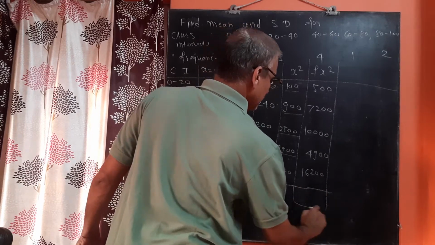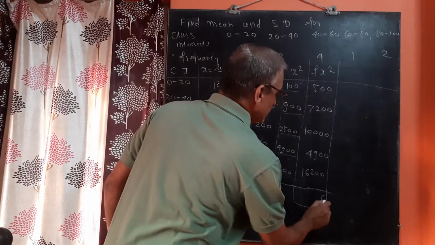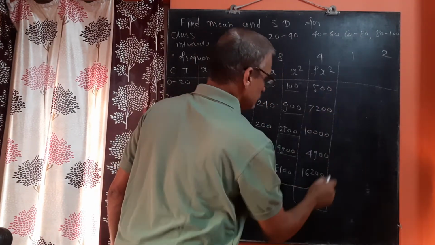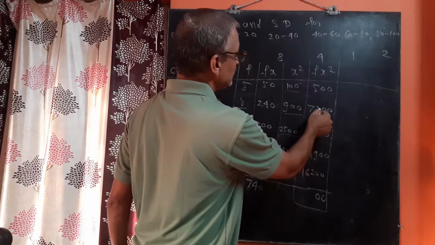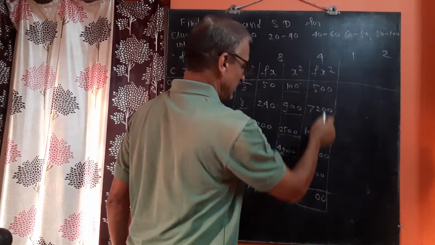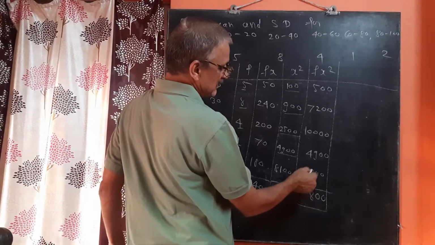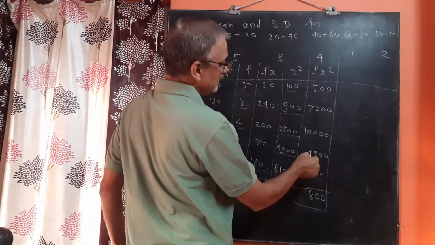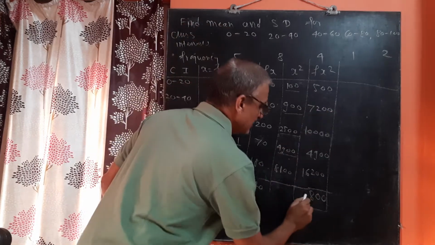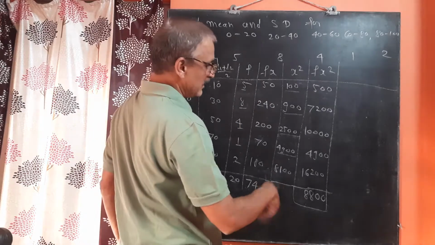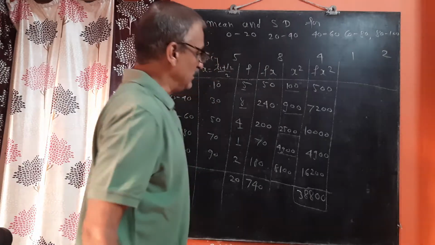Now we have to find the sum of this fx square. So let us find out. 0 0 0 0 0 0, then 9 plus 2 is 11, 11 plus 2 is 13, 13 plus 5 is 18, that is 8 carry 1. 6 plus 1 is 7, 7 plus 4 is 11, 11 plus 7 is 18, again 8 carry 1. 1 plus 1 is 2, 2 plus 1 is 3, so 38800.